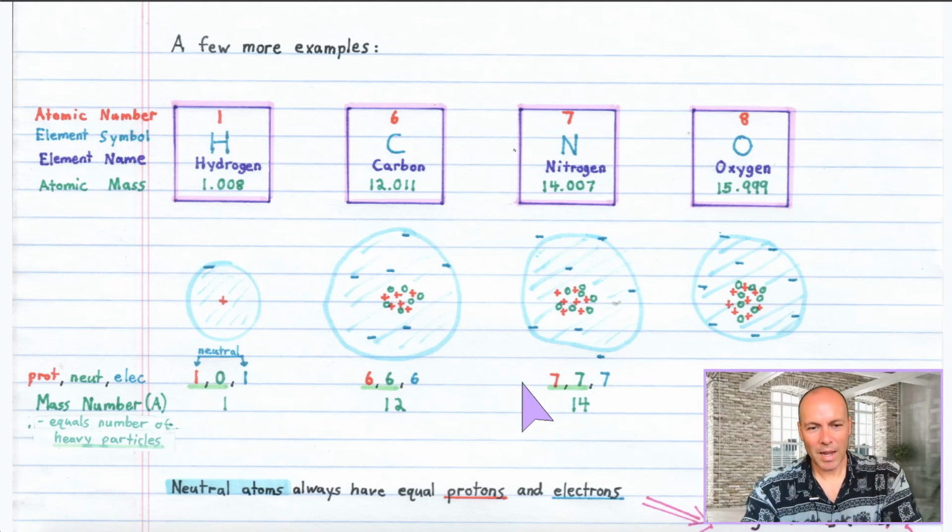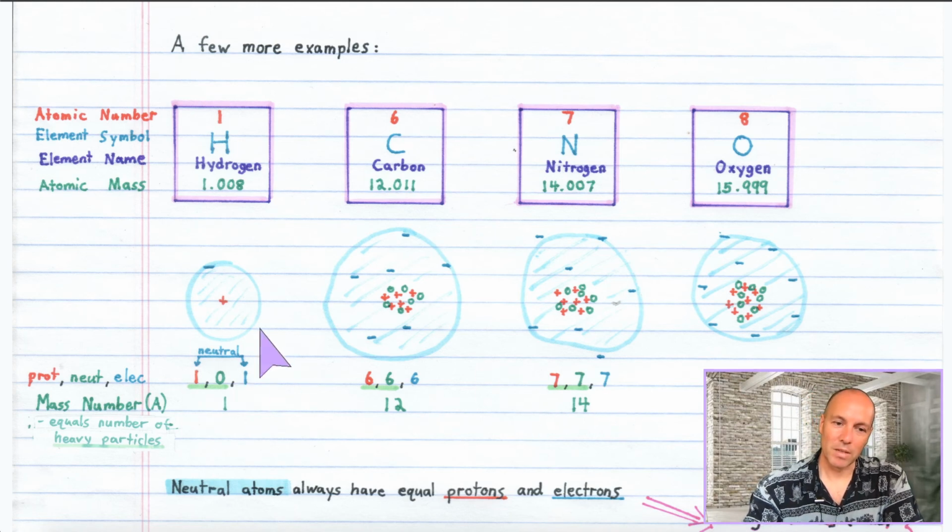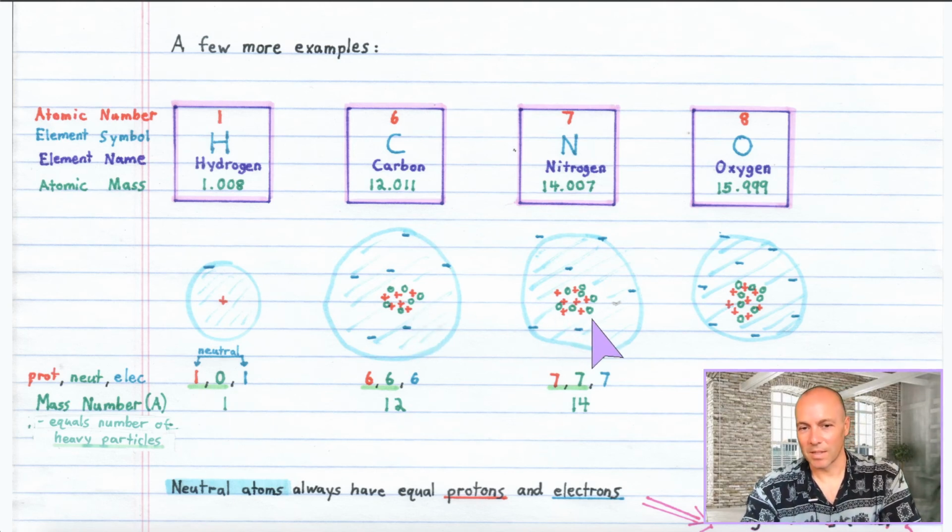A lot of times the number of protons, neutrons, and electrons is equal, but not always. In fact, most of the time it's not. But for these two examples, it is. And so the mass number for this atom is 7 plus 7, which is 14. There are 14 heavy particles in the nucleus.